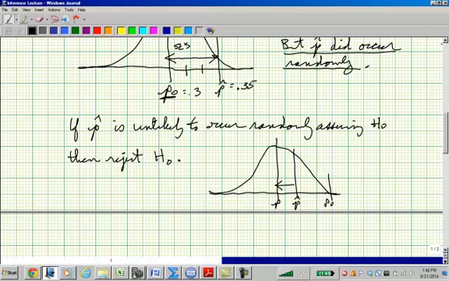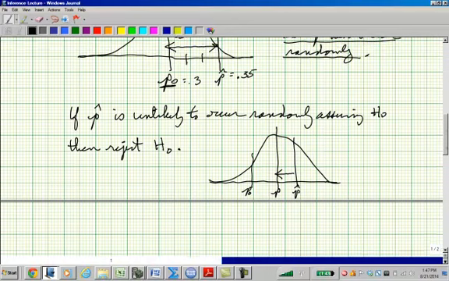And we're going to draw a different picture where p is truth, and p hat is somewhere in the vicinity of truth, 2 standard deviations or less, and p sub 0 would be over here somewhere. And so p hat is closer to the truth than it is to p sub 0.